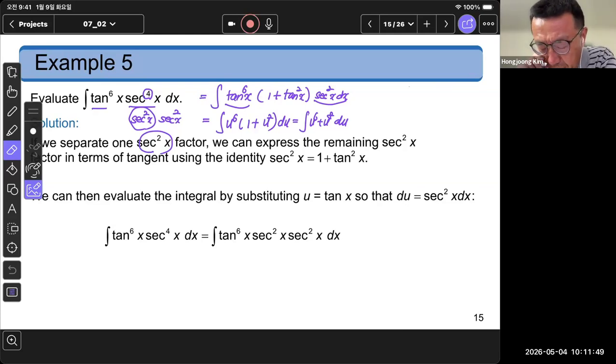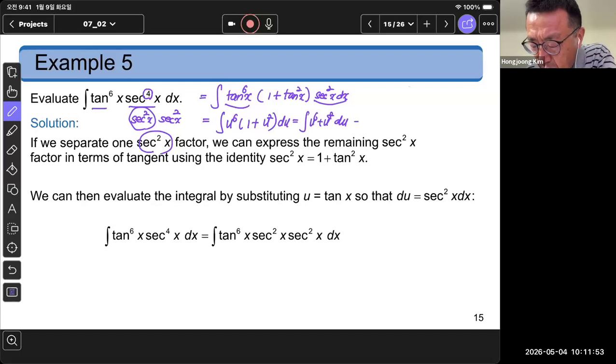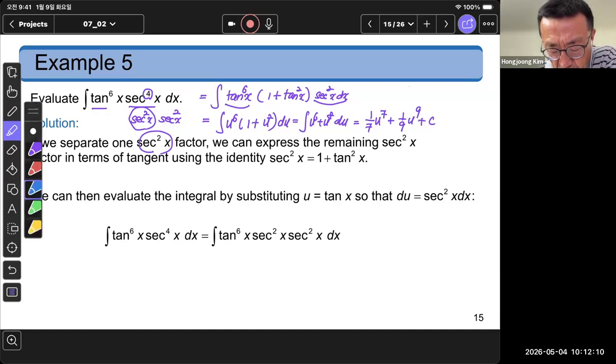Then u to the 6 is integrated to 1 over 7 times u to the 7, plus 1 over 9 times u to the 9th. But that's not the final answer, because I'm asking you to find a function in x variable.